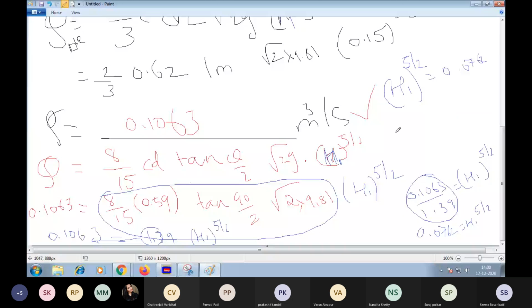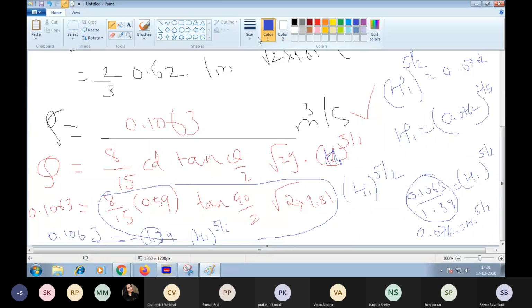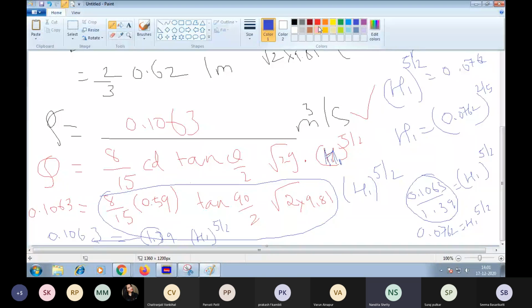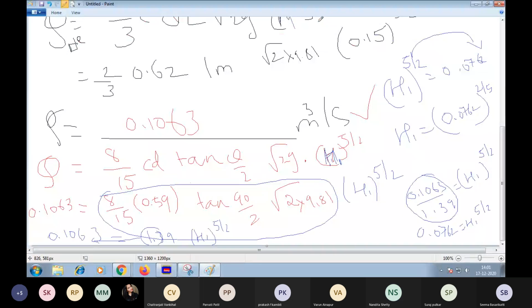If this is taken to the right hand side, it will be 0.0762 raised to 2 divided by 5, it will become inverse. Now tell me the value of h1. 0.0152, ma'am.